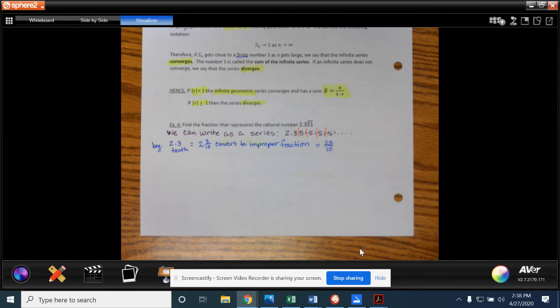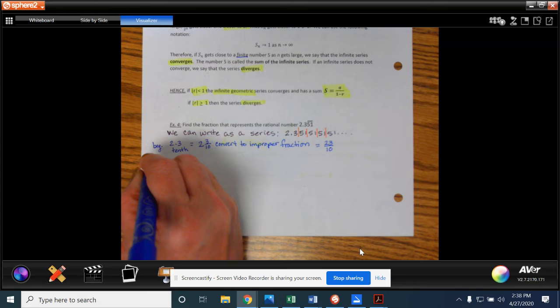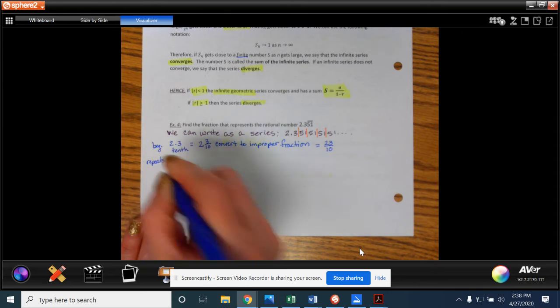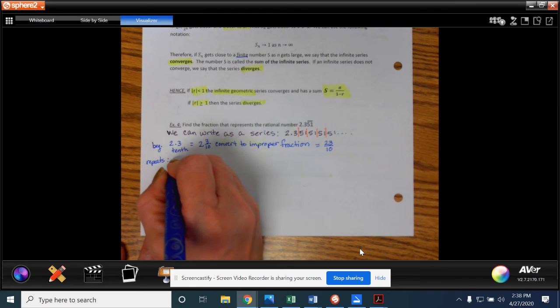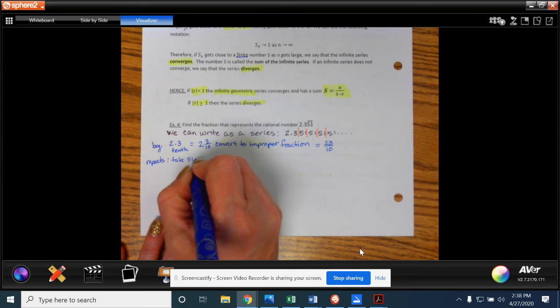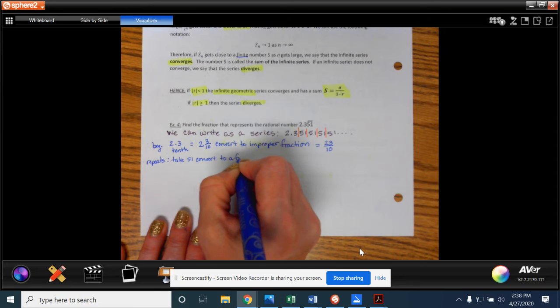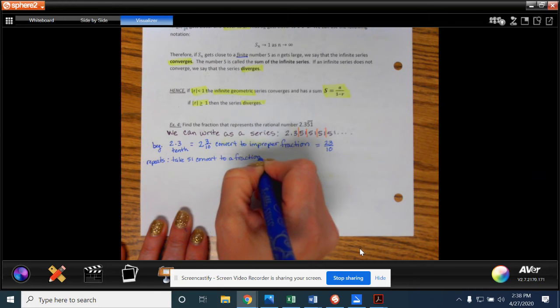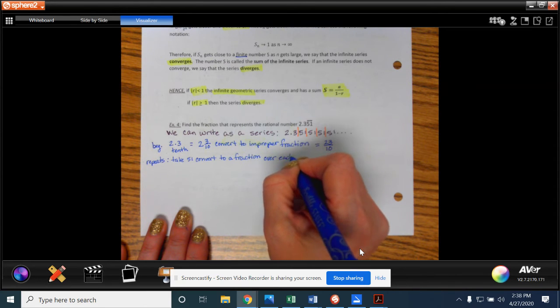Now I'm going to take the next piece, which is the repeat. So what we're going to do is take 51, convert to a fraction over each position.